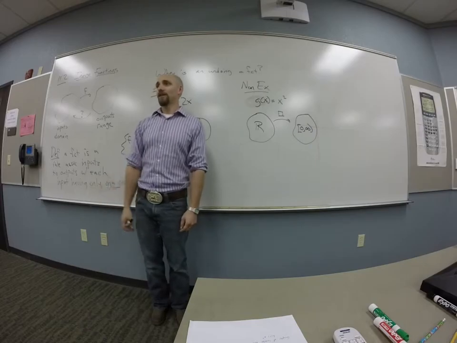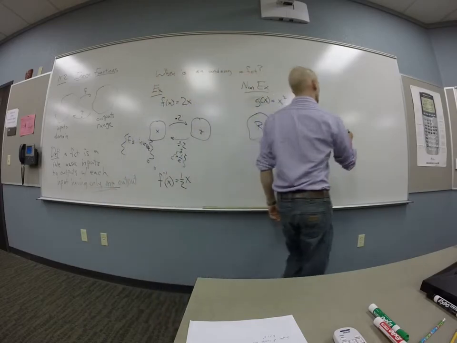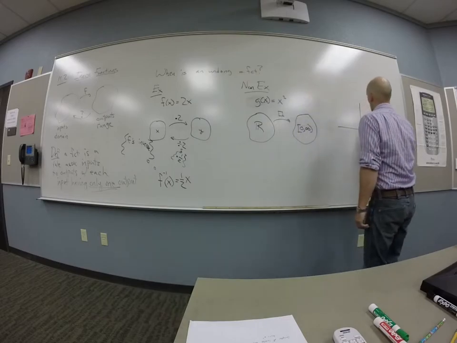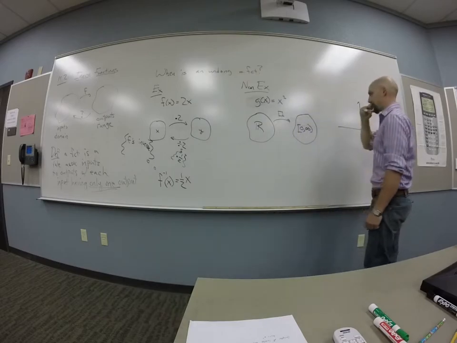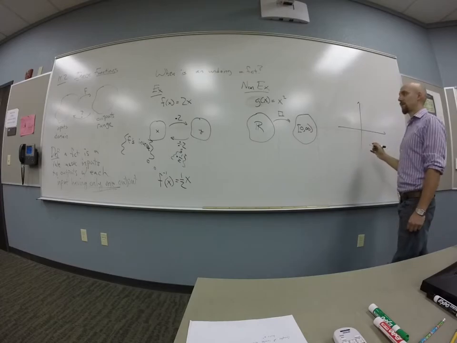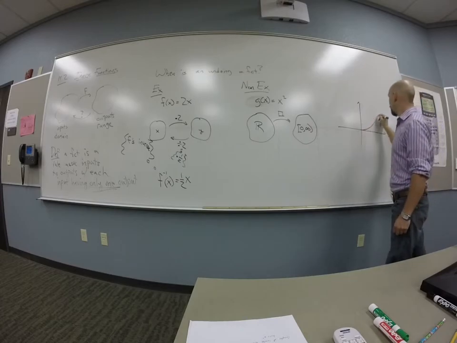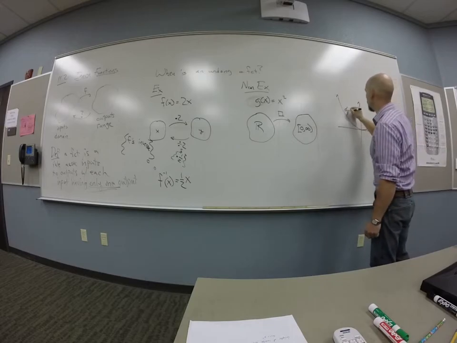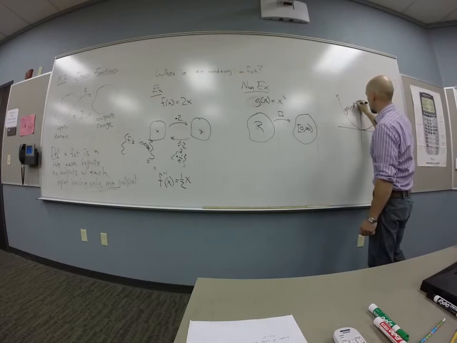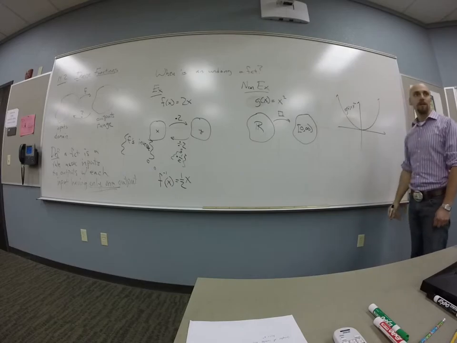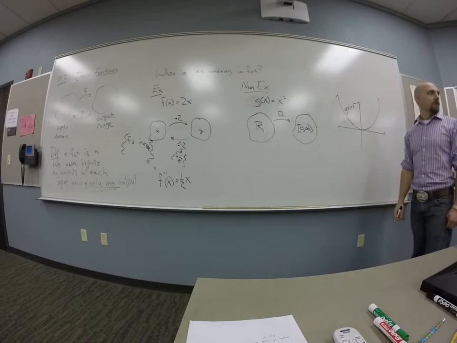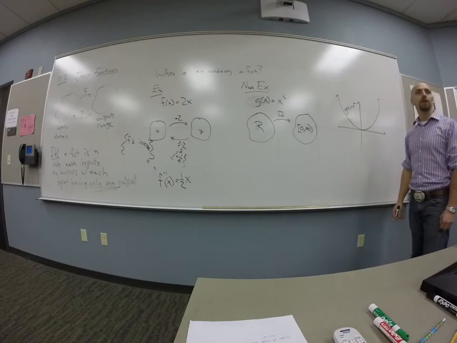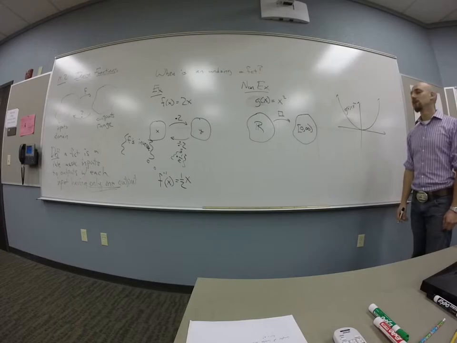How about a picture? What's x squared look like as a picture? Like a parabola, right? Okay, so here's g. That's x squared. So I'm asking about undoing this, right?